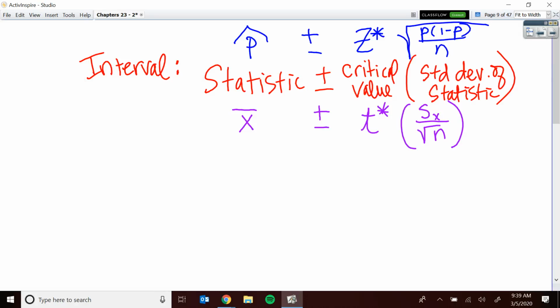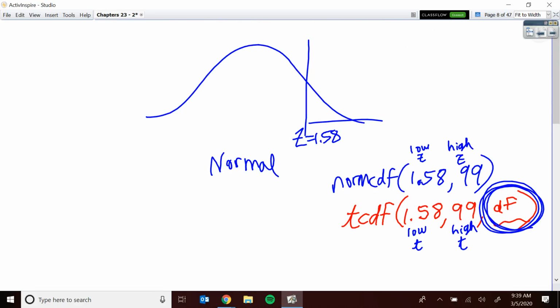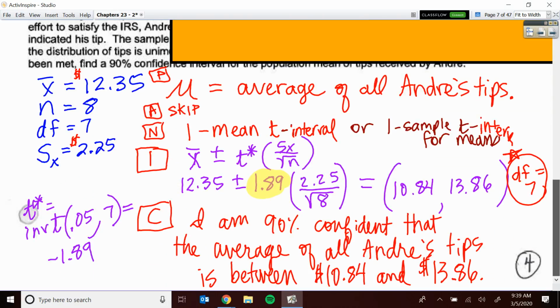Now, just based on our results from yesterday, when his interval went from 10.84 to 13.86, what do you suspect we're going to be doing with this claim of $10? Okay, so the reason we do a greater than sign in the alternative is because they think it's more than.